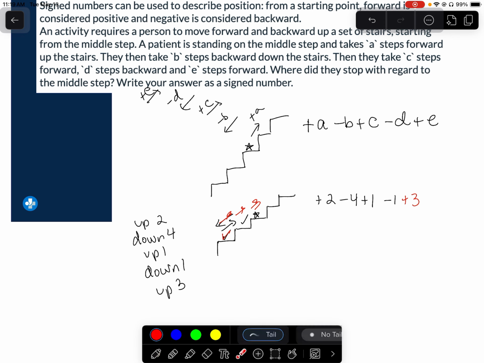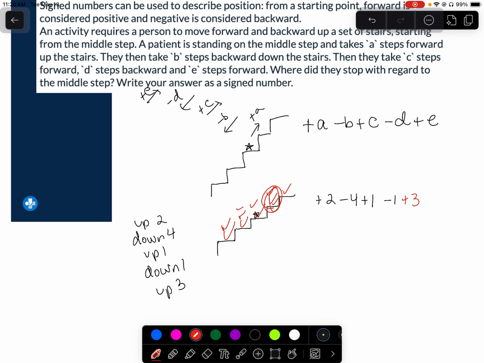Let me just do it one more time. Okay, so we went up 2. We went down 4. We went up 1. We went down 1. We went up 3. So we should end up 1 higher than the original step. So I expect to get a positive 1 answer.